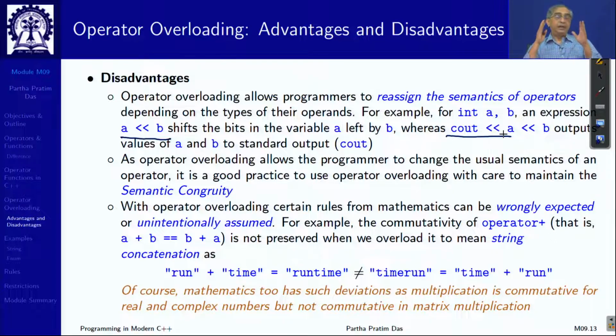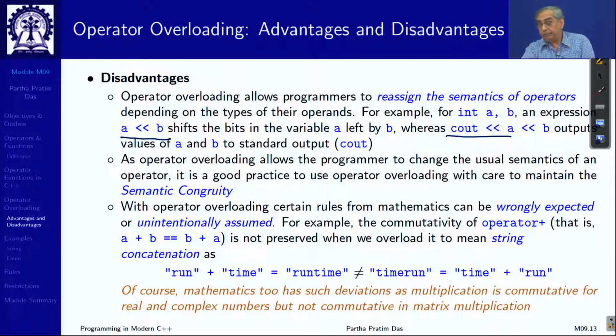So, the same operator overloaded in the context of two different types is semantically very divergent. This reassignment of semantics may be problematic, so it should be minimized to the best extent possible to maintain the semantic congruity of the whole language, but that is your design choice.